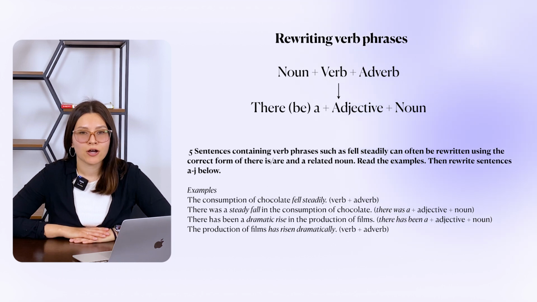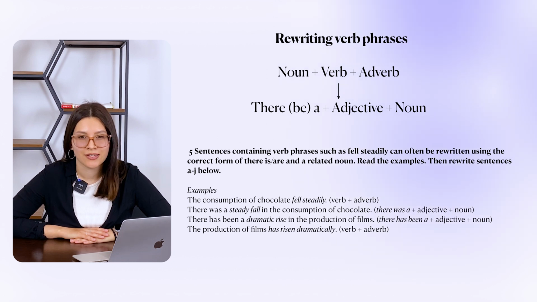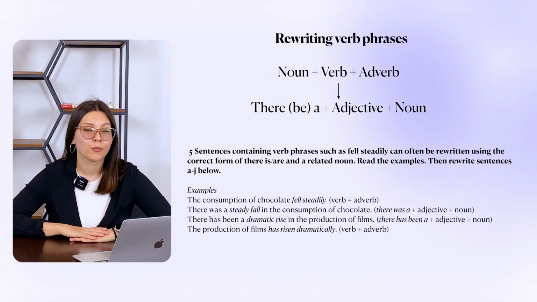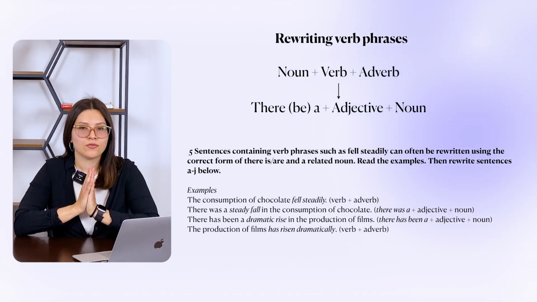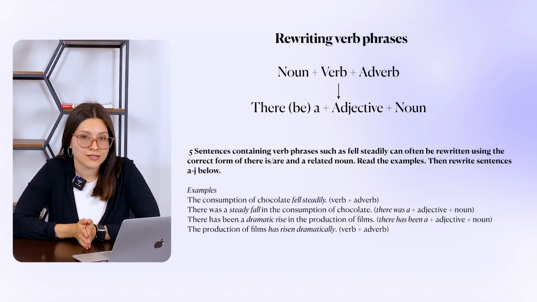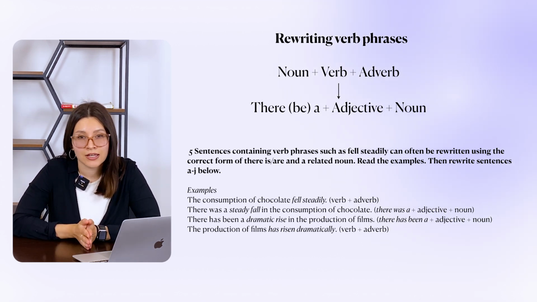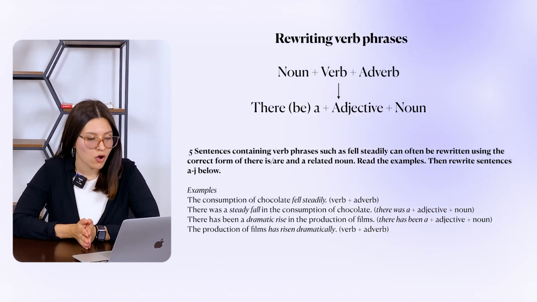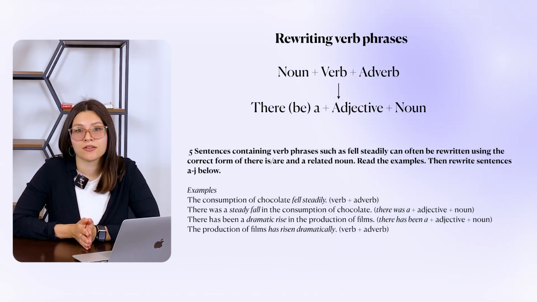Let's talk about structuring sentences, right? So some grammar points in the video, but it's not going to be boring, I hope. All right, so you know that there are some verb phrases such as fell steadily, climbed significantly, or dropped considerably, for example.